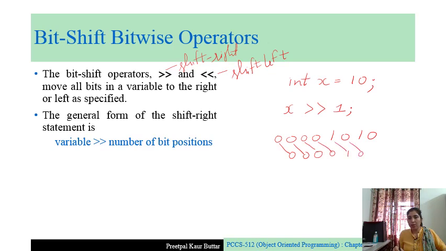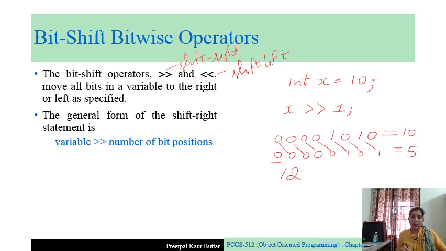So this will be the result, and because this position has become empty, we will insert a 0 here. So the original value was 10, the new value is 5. So the shift right operation results in the value being divided by 2. 10 has become 5.